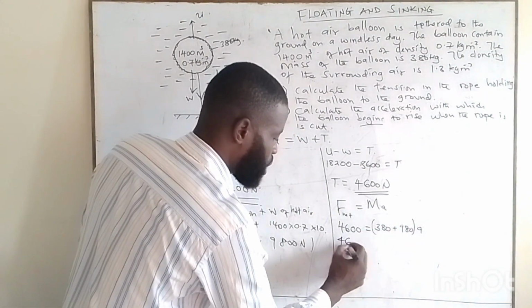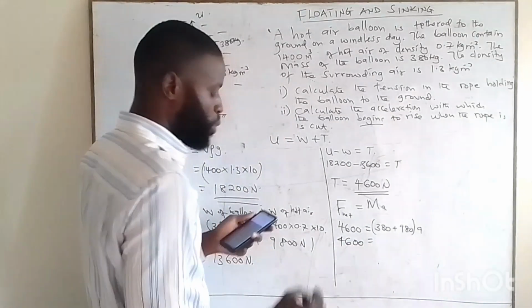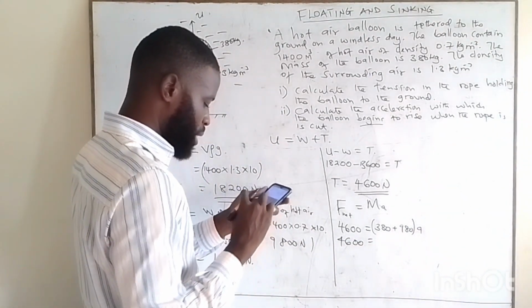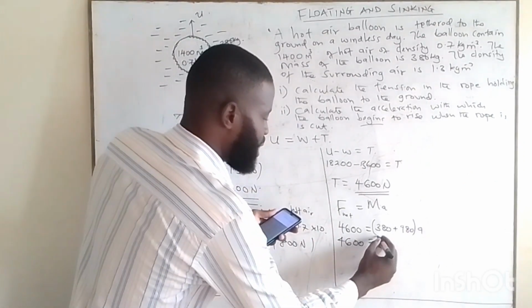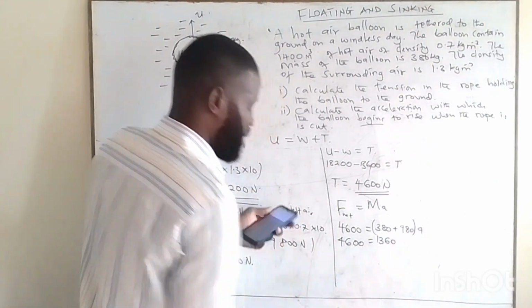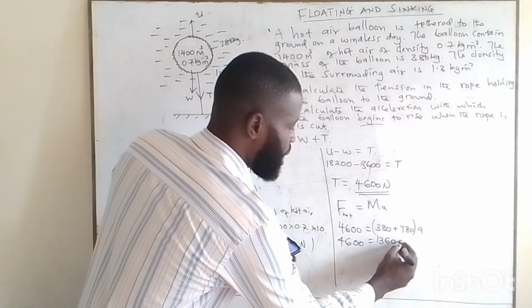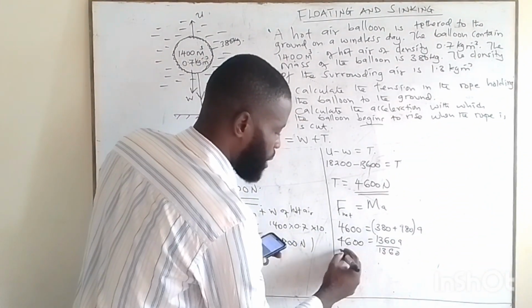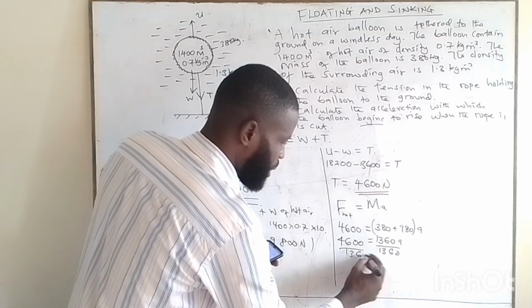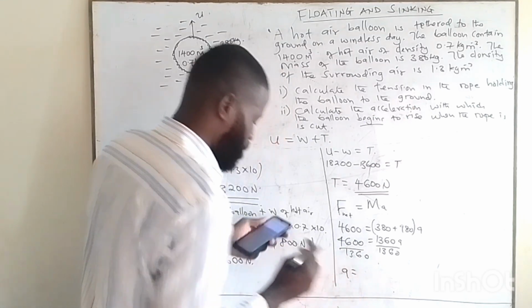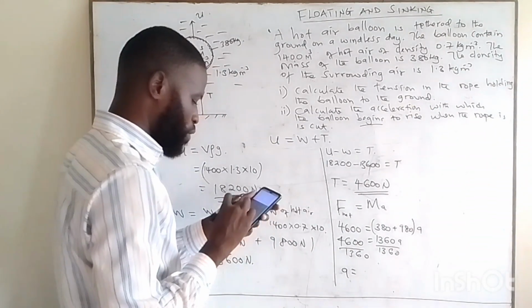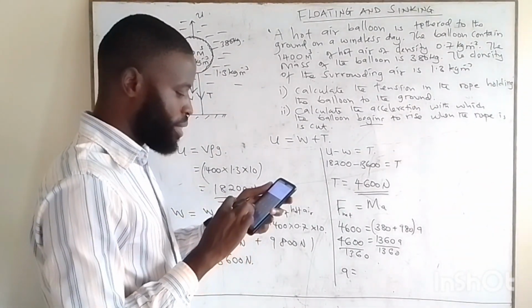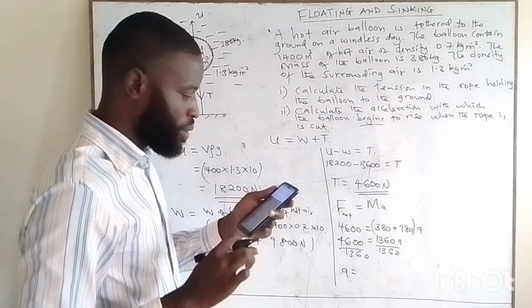So 4,600 equals, adding the two, 980 plus 380, I get 1360 A. Divide both sides by 1360, so that A equals 4,600 divided by 1360.